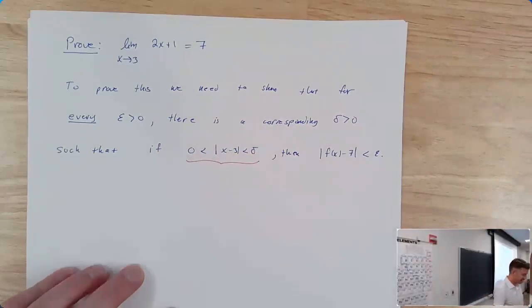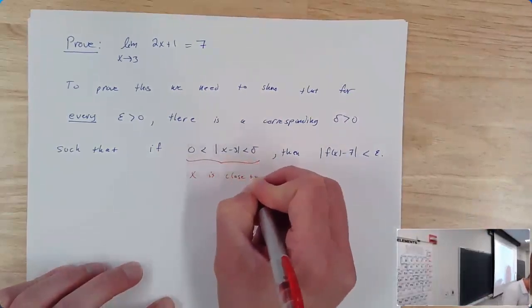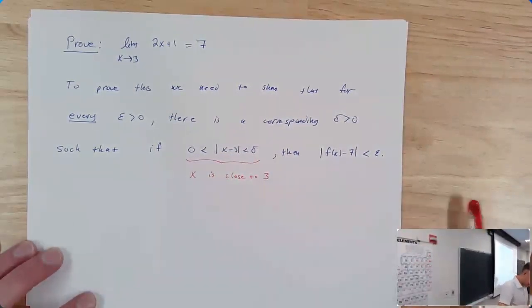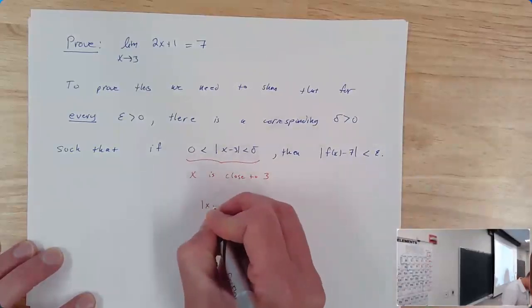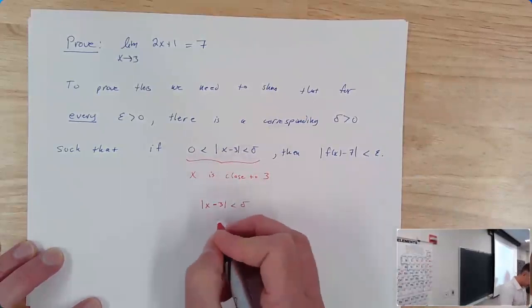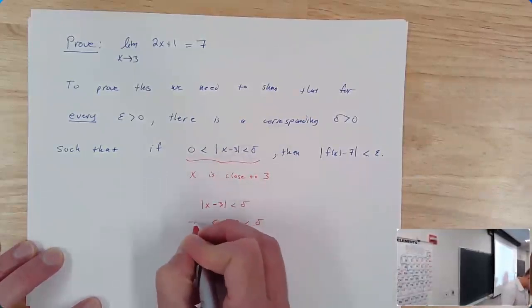What does that say? It says x is close to 3. That's all that says. It says it in kind of a fancy math way. And you could do more with it, right? If you really wanted to, you could say, oh, well, James, x minus 3 less than delta. If I really kind of work on that, that's the same as x minus 3 less than delta, bigger than negative delta.